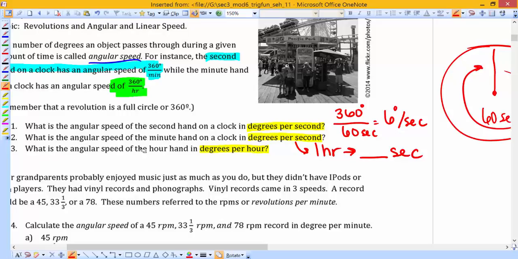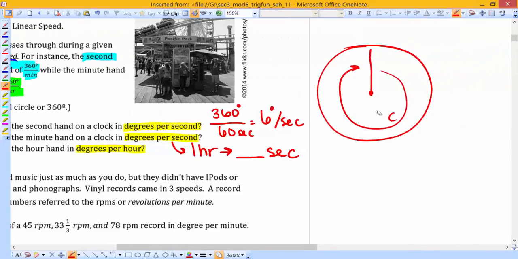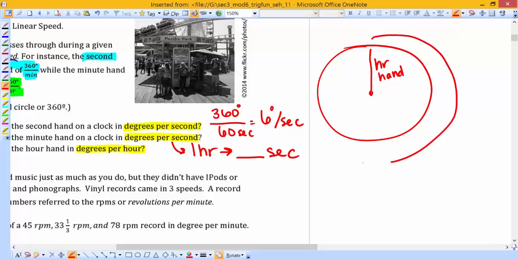For number 3, they want the angular speed of the hour hand. So think about how long it takes that hour hand. If I go back to my clock here, and this is my hour hand, think about how long it is going to take that hand to get right back here where it started.